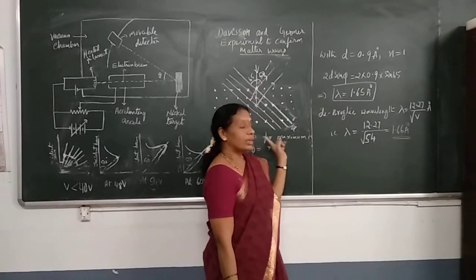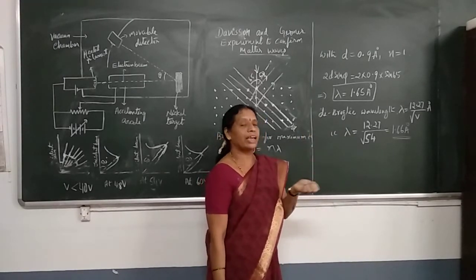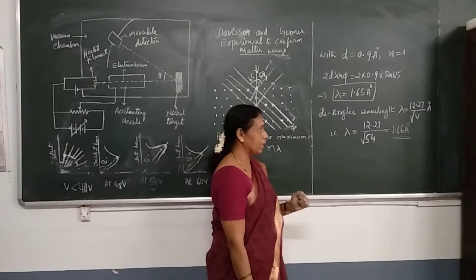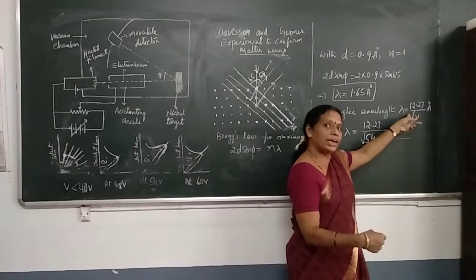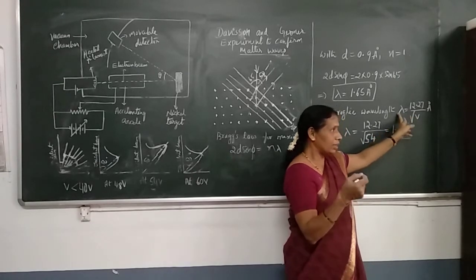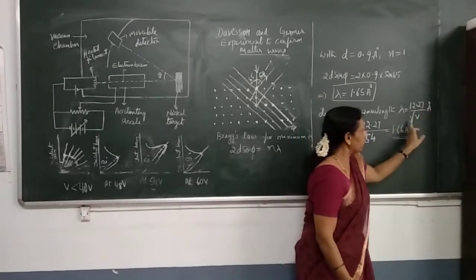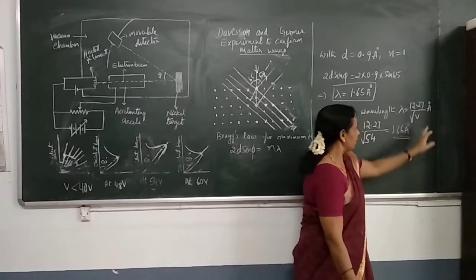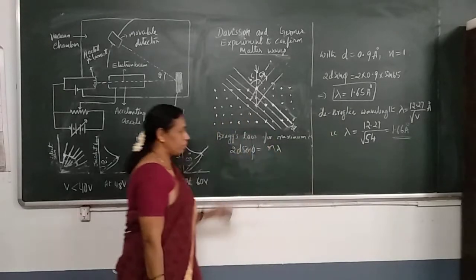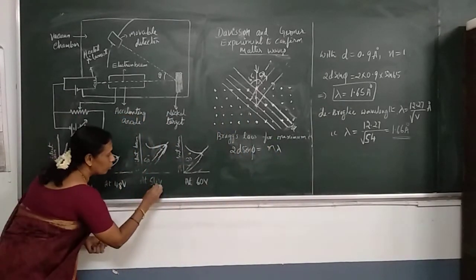Then, according to the de Broglie hypothesis, whenever a material particle is accelerated in a potential V, the wavelength of the wave associated with the particle is 12.27 by square root of V angstrom. This one we had seen in the last class. And here, in this experiment, the maximum intensity was observed at 54 volt.